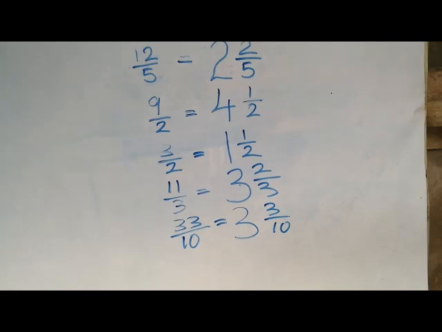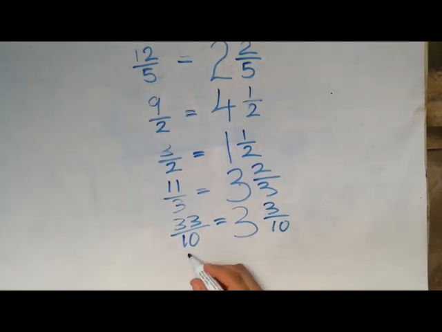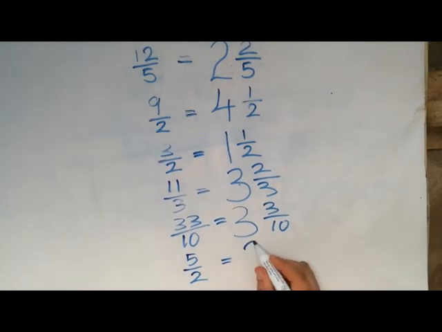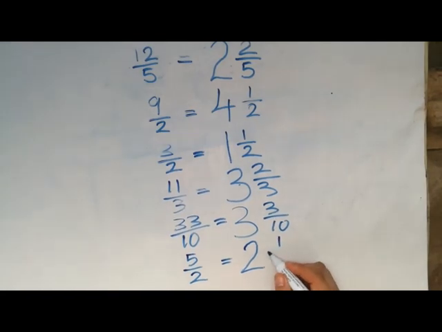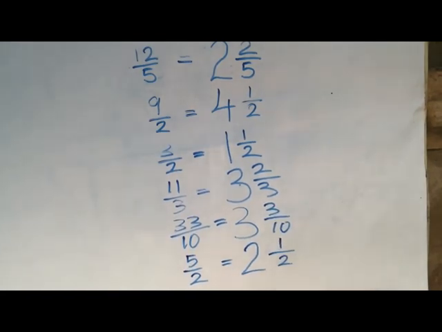Let's take the last example. We have 5 over 2. 2 into 5 will be 2, so the 2 will be 2 whole number. Remainder 1 over 2.